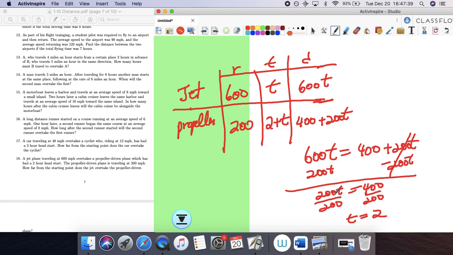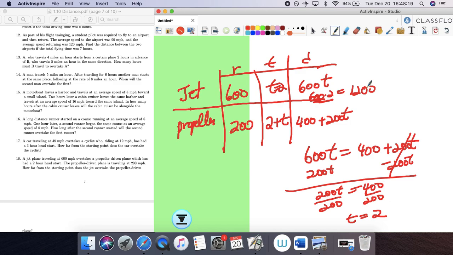So what was the question? How far? So, oh, wait a second. If t equals 2, the jet is going to be 600 times 2, so it will have traveled 1200, but that's not matching.